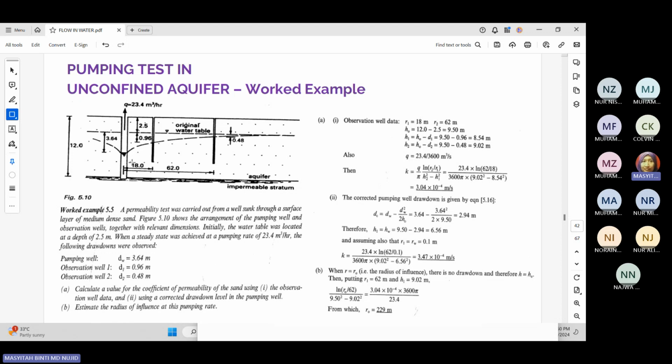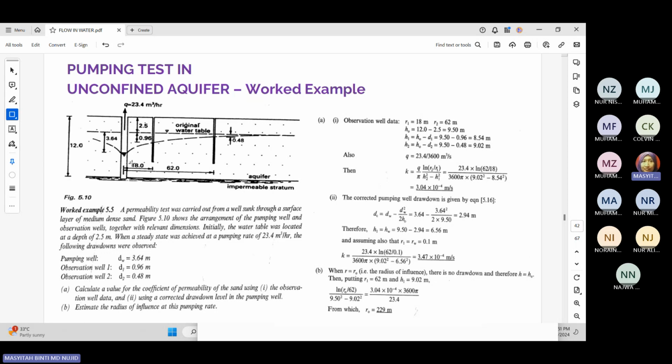Kemudian dia dah bagi flow rate untuk pumping, dan tinggi daripada aquifer stratum from impermeable base, dan horizontal distance from the observation well kepada pumping well. So what we want to do is calculate a value for the coefficient of permeability of the sand using the observation well data and using a corrected drawdown level in the pumping well. And the next question is to answer the radius of influence at this pumping rate.